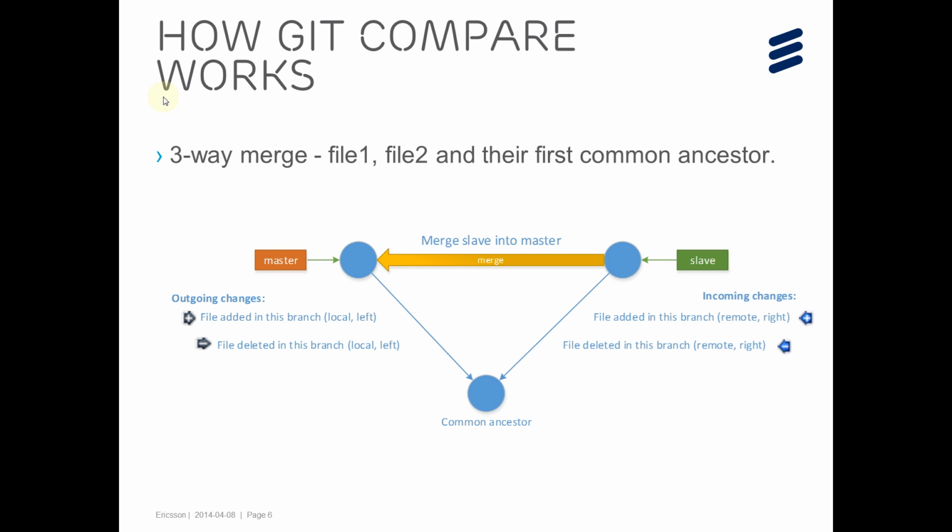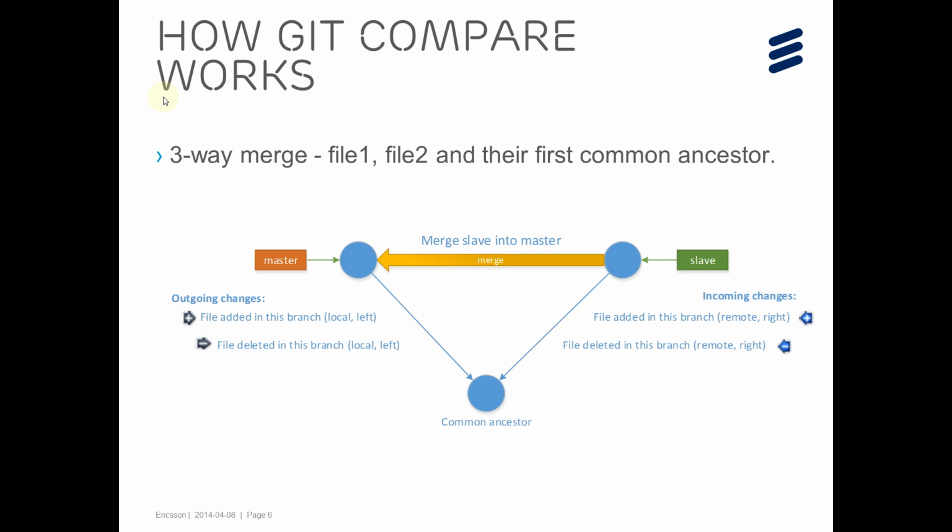Let's discuss briefly how Git compare works. Basically, it's a three-way merge in which three files obviously are used: file 1 and file 2, for example, the file in the master branch and file 2 in the slave branch, and their common ancestor. What needs to be understood in this view is that we basically have incoming and outgoing changes.